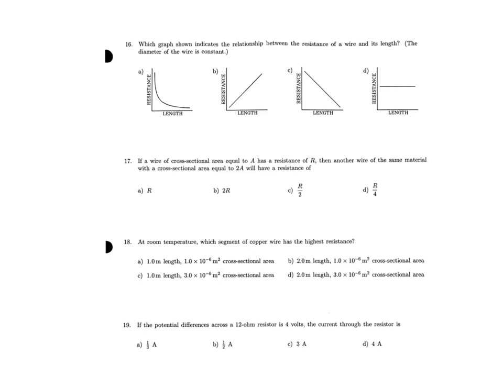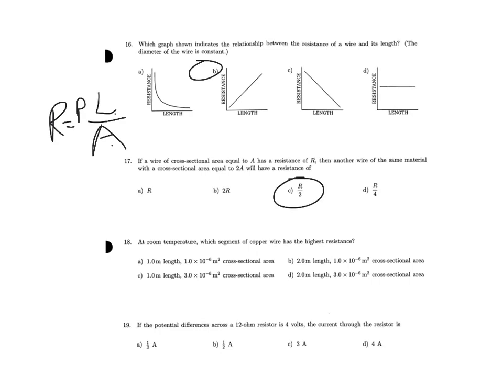The resistance should go up linearly with length, which would make 16 B. Remember the formula here is resistance equals resistivity times length divided by area. Okay, there we go. If a wire of cross-sectional area A has a resistance R, then another wire of the same material with a cross-sectional area 2A would have a resistance of R over 2, which is C.